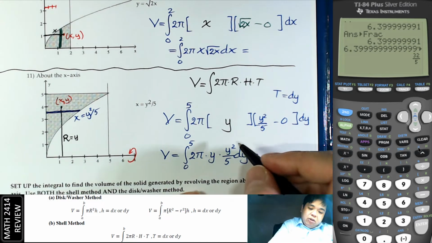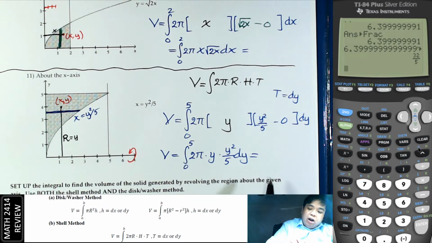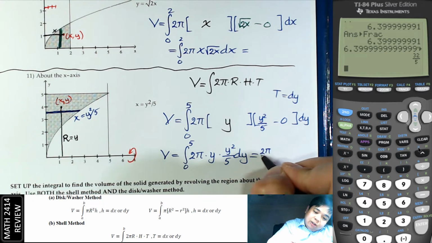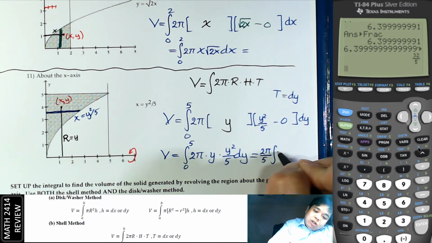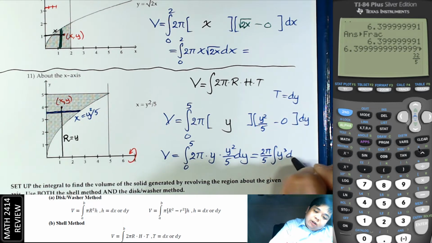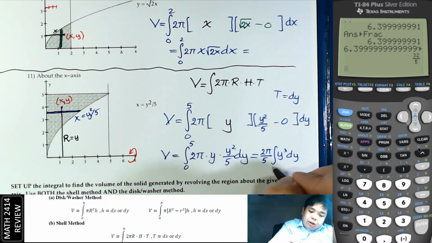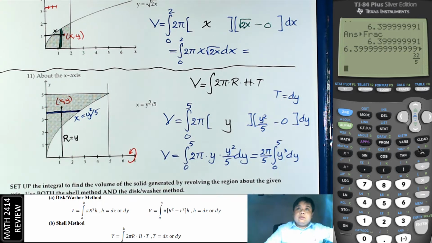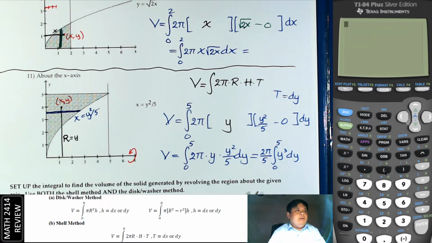Right, we can simplify by taking the 2 pi and 5 outside. We just have y cubed, 0 to 5. Actually, I'll just say 2/5, and I just leave the pi outside by itself. So 2/5, and then the integral from 0 to 5 of y cubed.